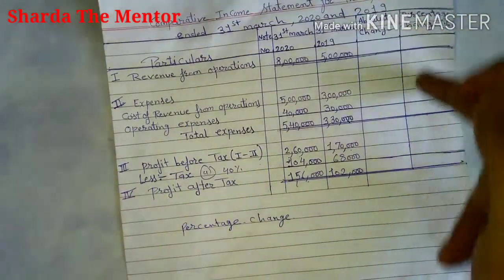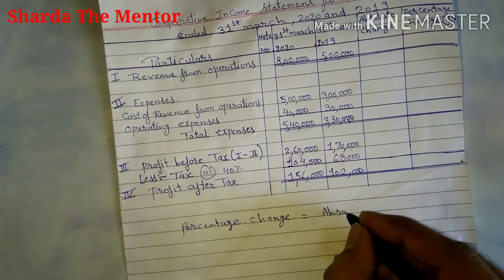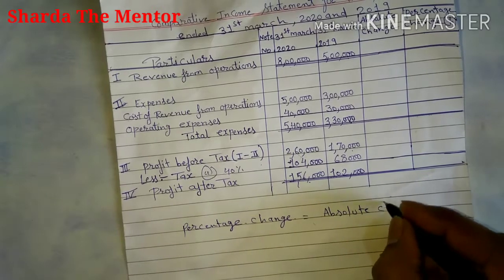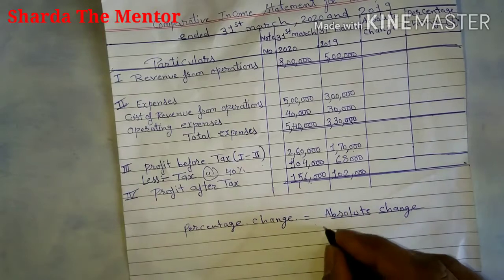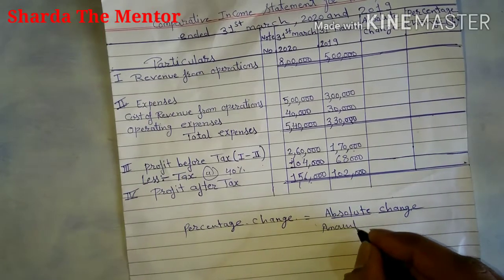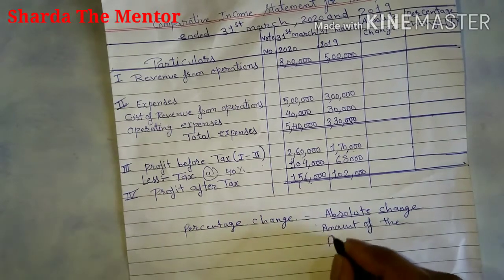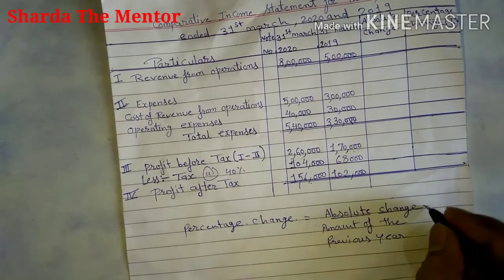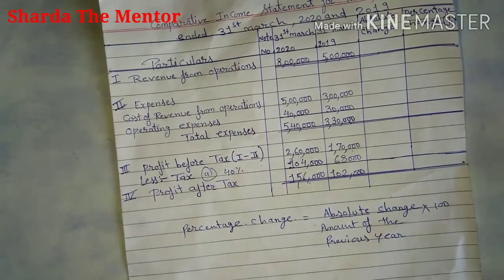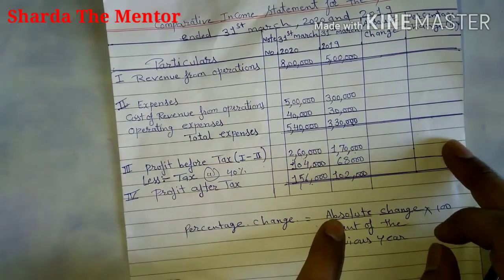If you want to find out percentage change, you want to know the absolute change divided by the amount of the previous year into 100. With the help of that you can find out percentage change, but before that you need to know the amount of absolute change.